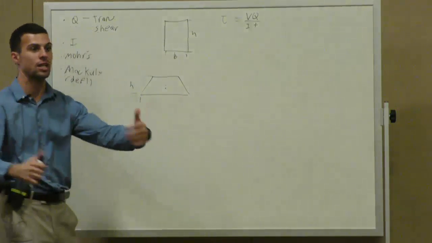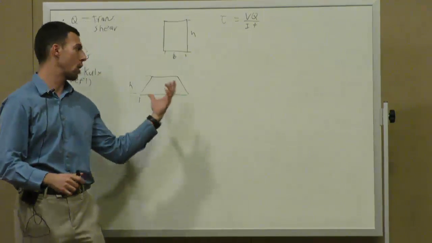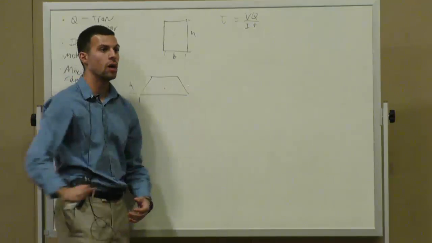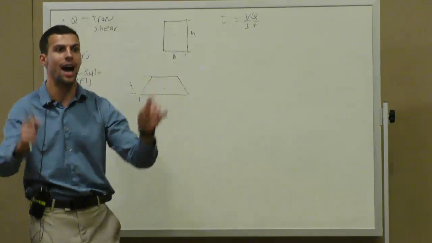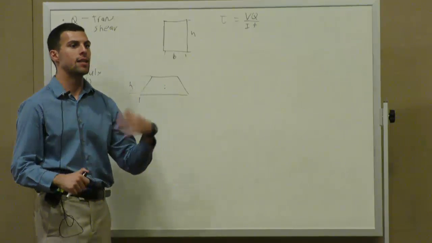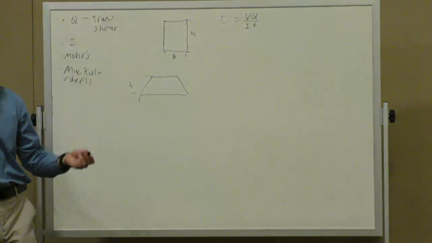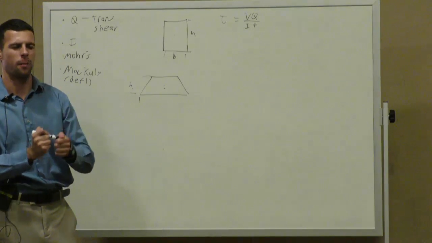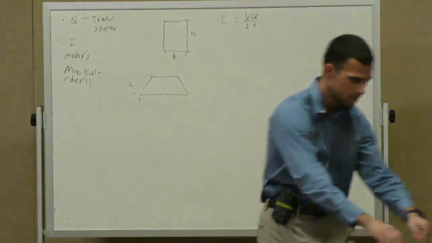That's why your centroid and your neutral axis for trapezoids is down here. The important point is that the neutral axis passes through the centroid, not the center, right? There is also a mass center, which is very similar to the area center, but based on mass distribution, but we don't talk about that in this class. We don't care.